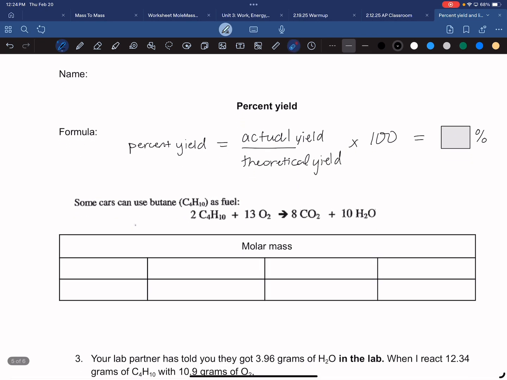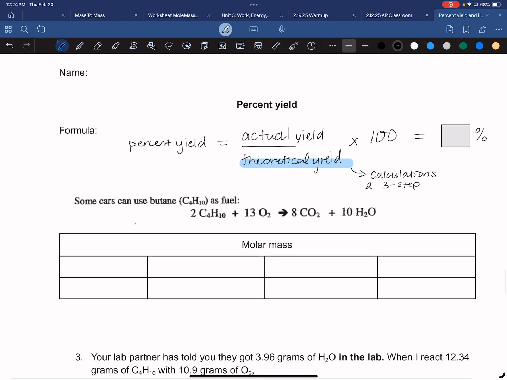And if you notice, we already solved for one of these yields. So which one did we solve for using calculations? Theoretical. So remind yourself that this is from my calculations, otherwise known as my 2 or 3-step problems.